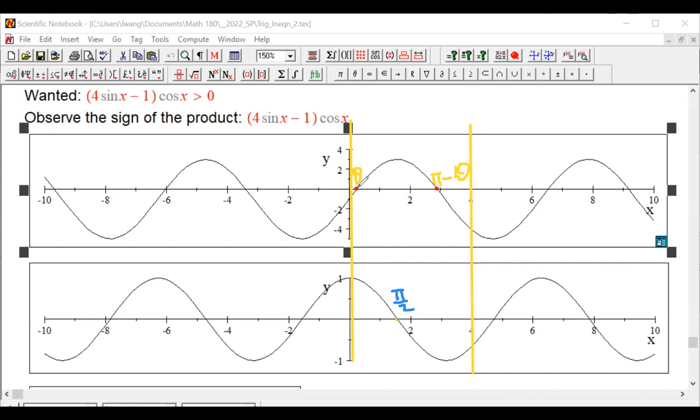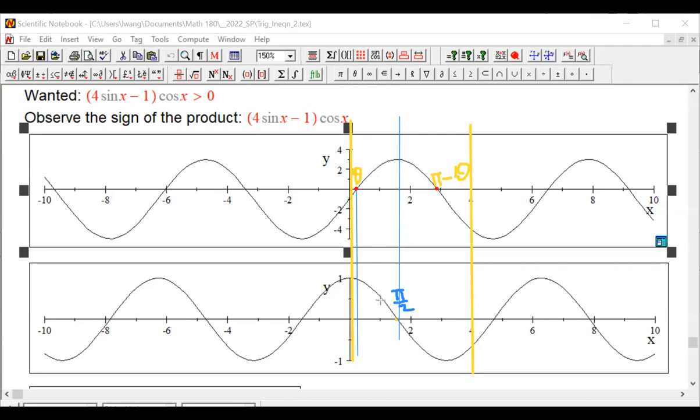So between theta to pi over 2, if you look at this piece between theta to pi over 2, this piece is positive and that piece is positive.